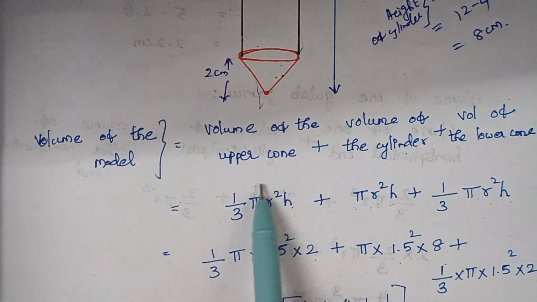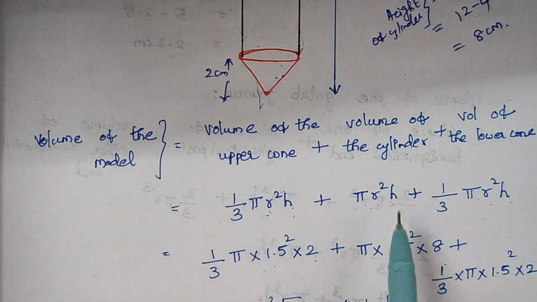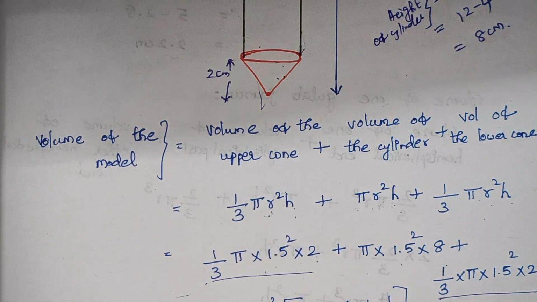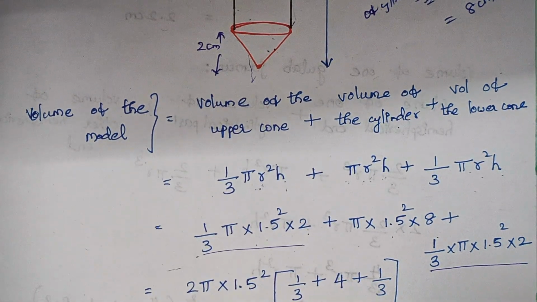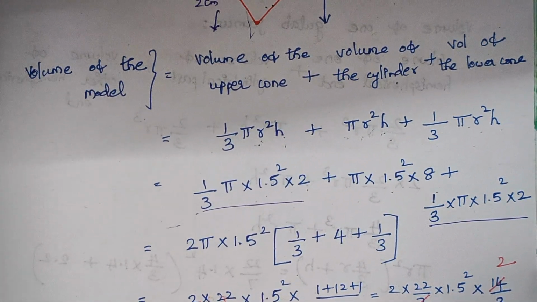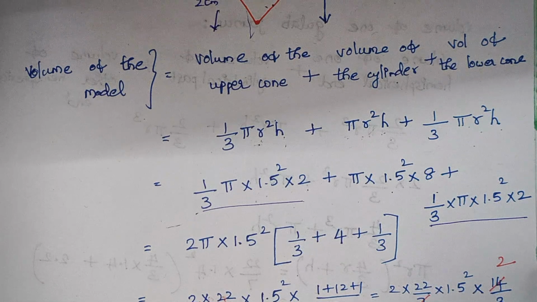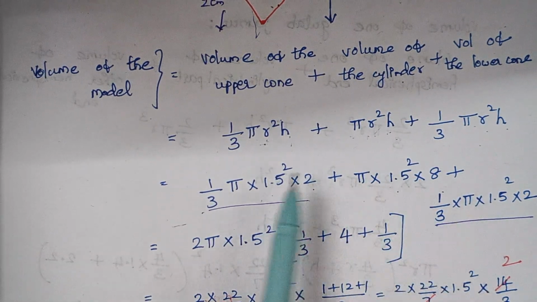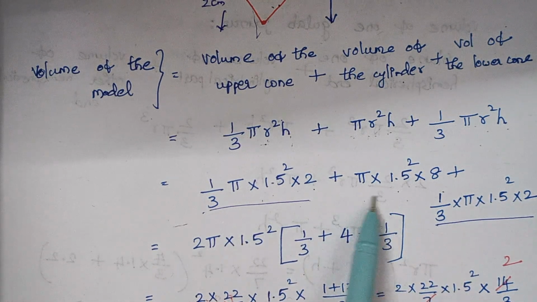Right, so you see both the cones are similar, so this expression and this expression will be the same. Anyway, now I am taking the common parameters outside. While taking common parameters, these two terms are the same, but we have here another term.